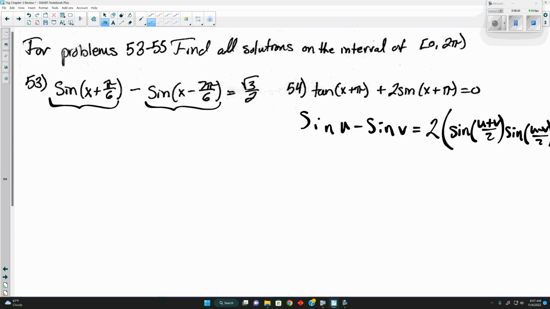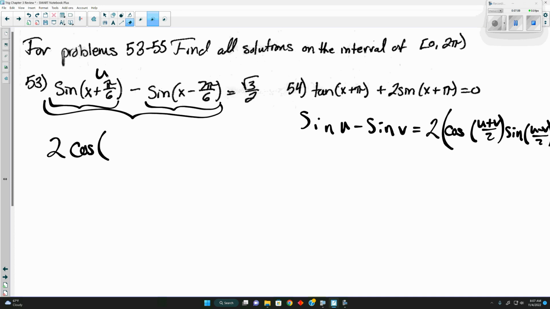So what this is telling us is this whole side here is 2 times sine. Okay, I'm glad I'm looking back at that, because this needs to be cosine. Because sine of u minus sine of v is 2 cosine of u plus v over 2 times sine of u minus v over 2. Okay, good. So 2 cosine.